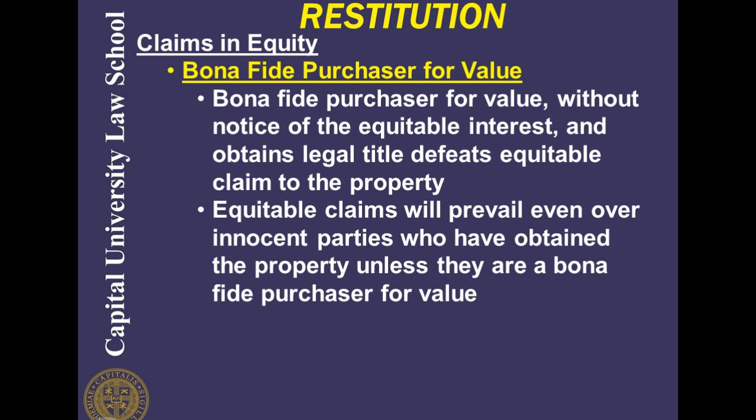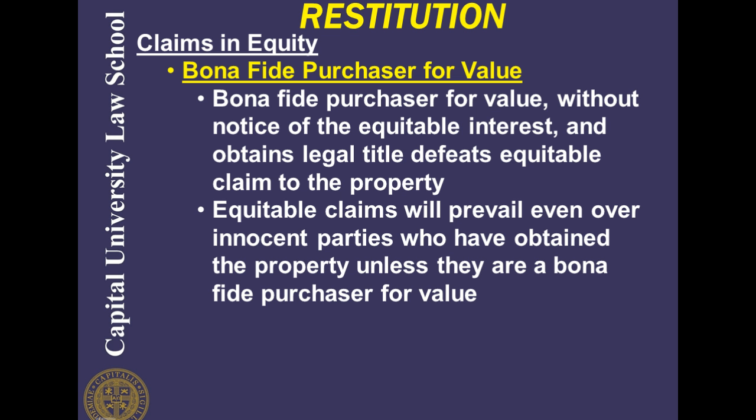An example of this, with the diamonds: the defendant has taken $10,000 of the $25,000 that they've converted, bought the diamonds, and now later sells those diamonds to someone who pays them the $20,000 for those diamonds and has no notice of the equitable interest.